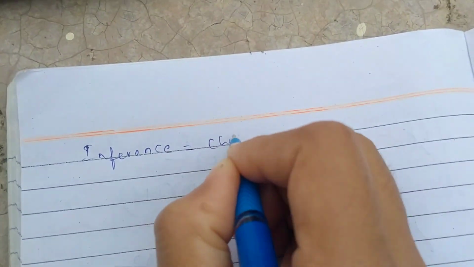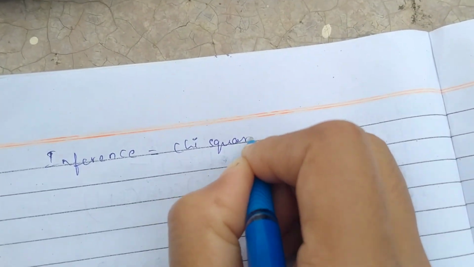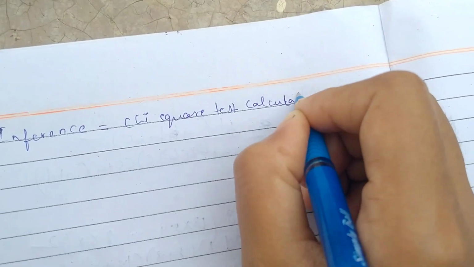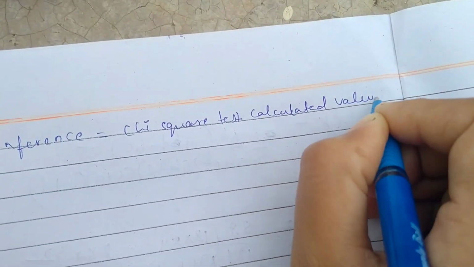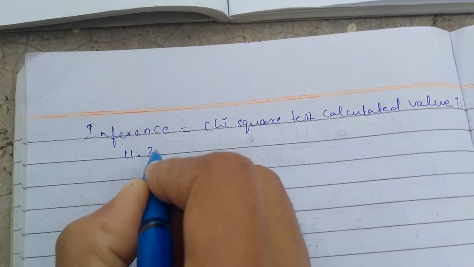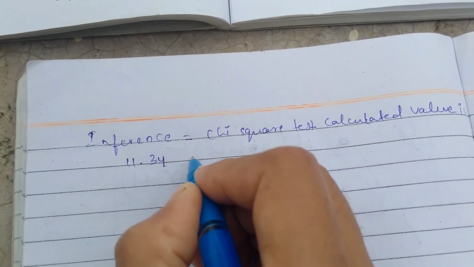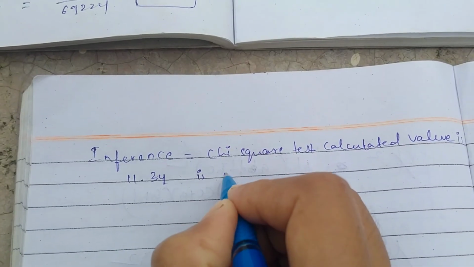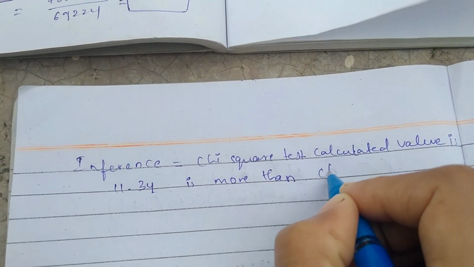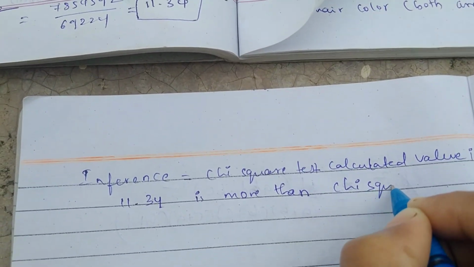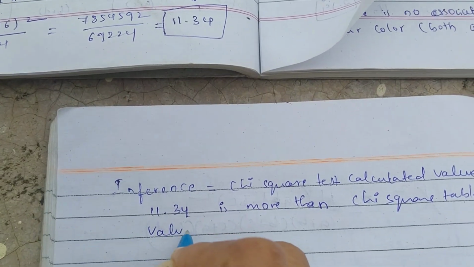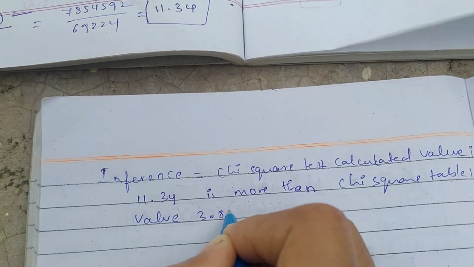Our calculated chi-square value is 11.34, which is more than the chi-square table value of 3.841.